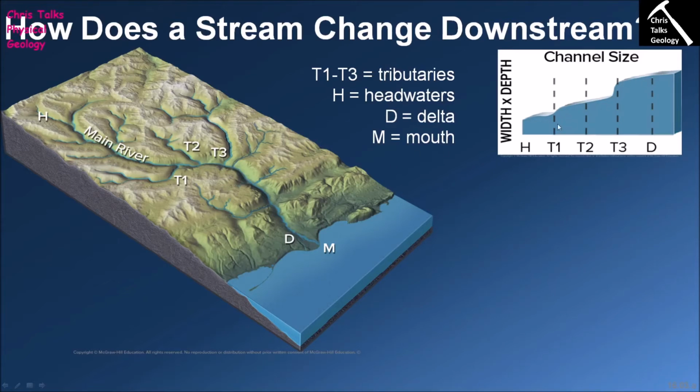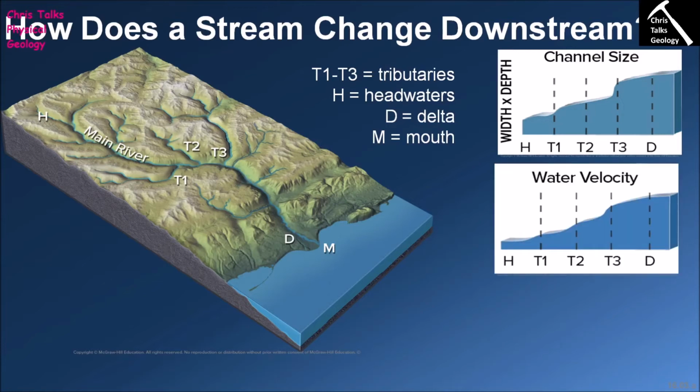So each of these increases are associated with additional water being added to the main channel from our three tributaries. So this isn't a huge surprise. And so because we have more water, our channel obviously has to increase in size to accommodate the extra water. And so this means our channel will become wider and deeper as a result. So this isn't a particularly unexpected change.